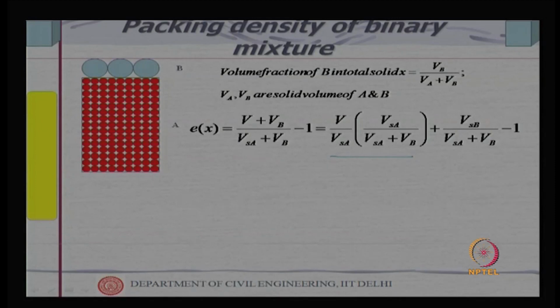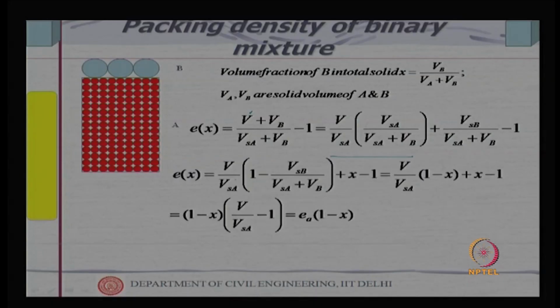So this is what I have done, modified this term, this divided by this term, and the next is V by VSA, this term remains the same, and this I can write as 1 minus VSB, because VSA is equal to 1 minus VSB, divided by VSA plus VB.